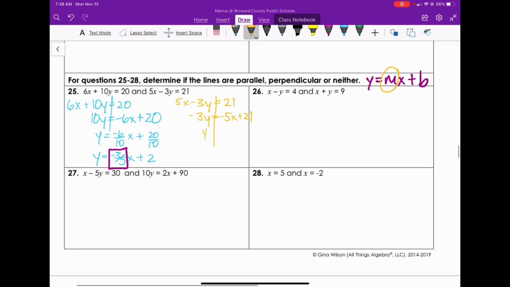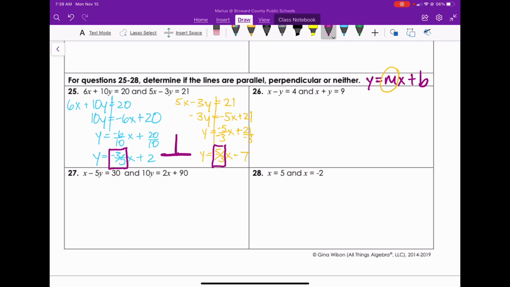When you divide everything by negative 3, you're going to end up with negative 5 divided by negative 3, and then the x plus 21 divided by negative 3, which when we take a look at this, a negative divided by a negative is really a positive, so that's positive 5/3 x minus 7. And we're only focused on the slope. Now, these slopes, they are opposite reciprocals, which means they're perpendicular, okay?